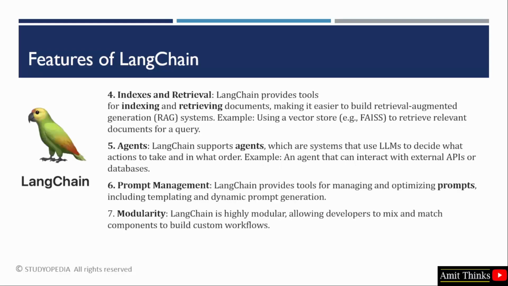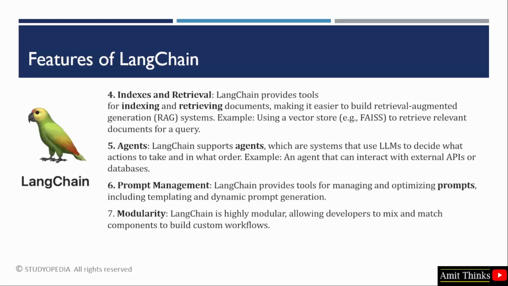LangChain also provides tools for indexing as well as to retrieve documents. So you would be knowing about RAG. So RAG is retrieval augmented generation. LangChain also helps in building RAG systems like a vector store to retrieve relevant documents for a query. LangChain also supports agents that are systems using LLMs to decide what actions to take and in what order.